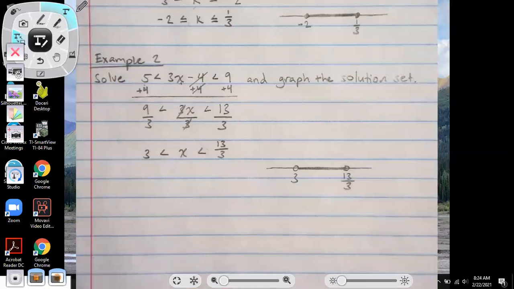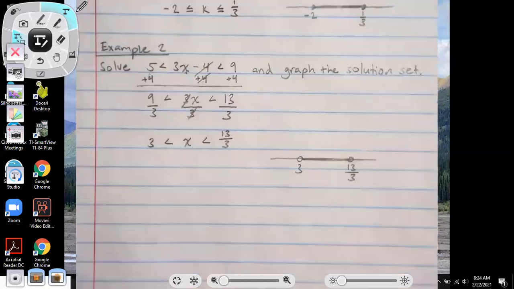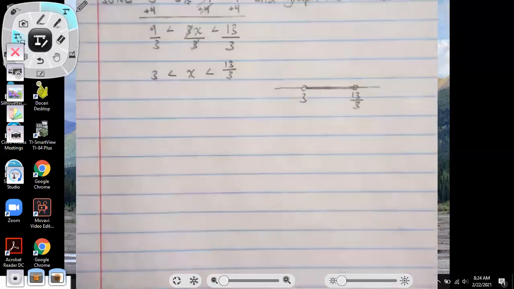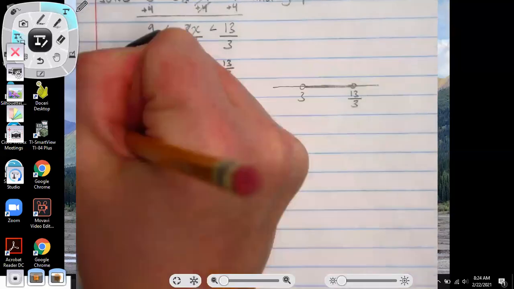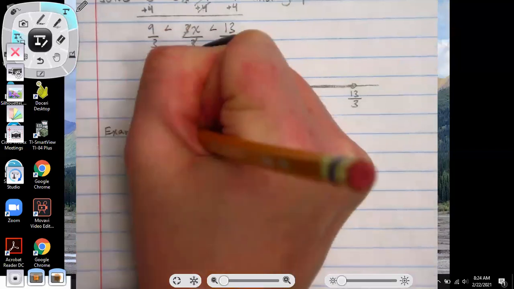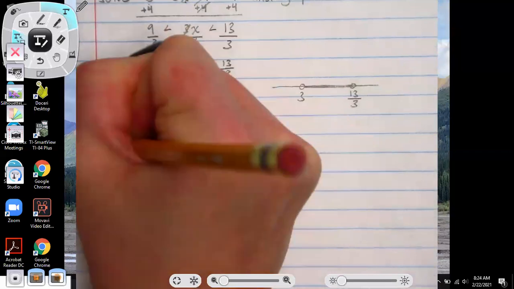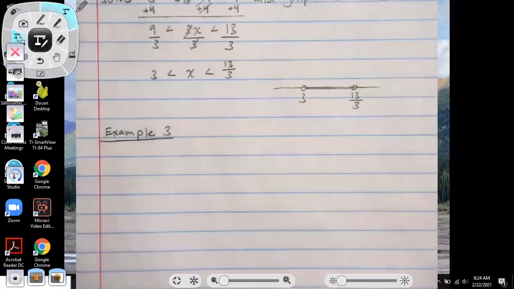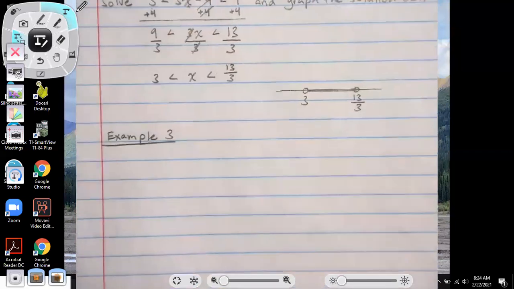So we're just going to do some examples of those. This will technically be example 3. We won't necessarily use a 3-part inequality to solve these word problems, but we will use inequalities rather than equations.